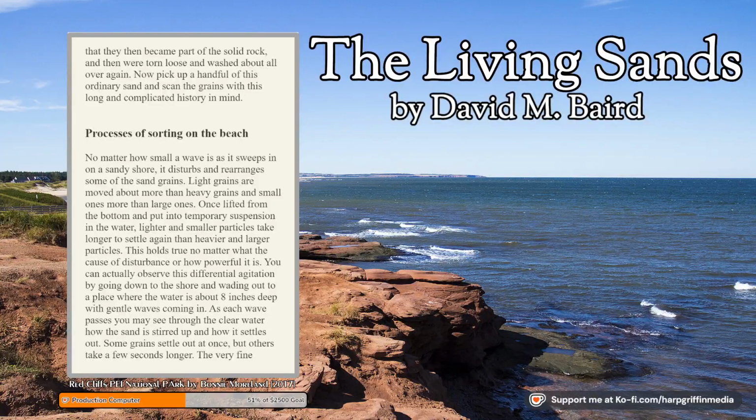Processes of sorting on the beach. No matter how small a wave is, as it sweeps in on a sandy shore, it disturbs and rearranges some of the sand grains. Light grains are moved about more than heavy grains, and small ones more than large ones.